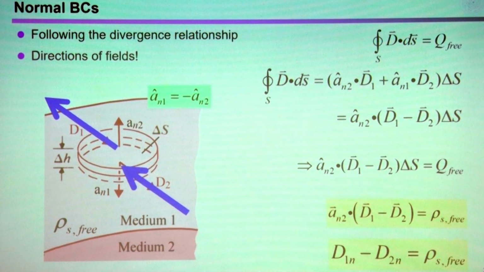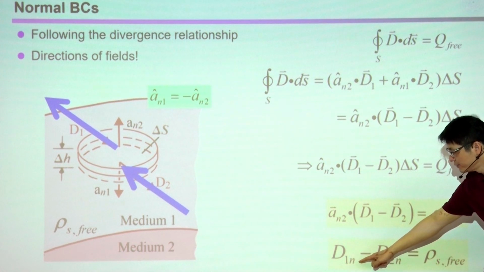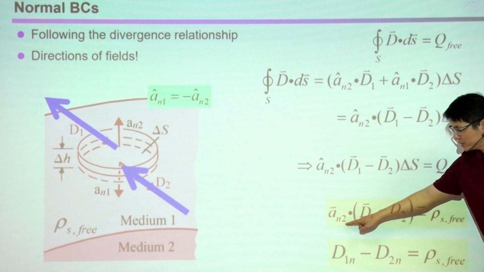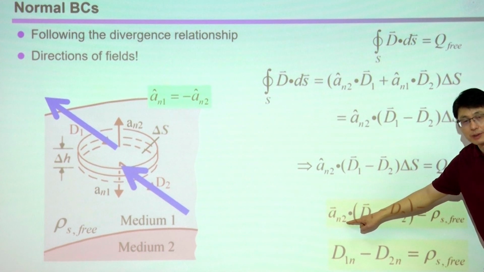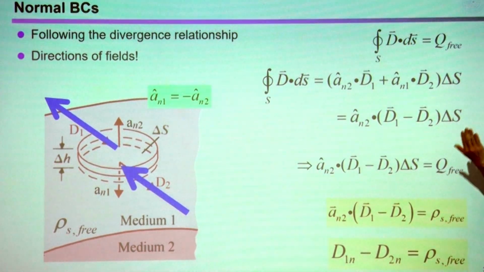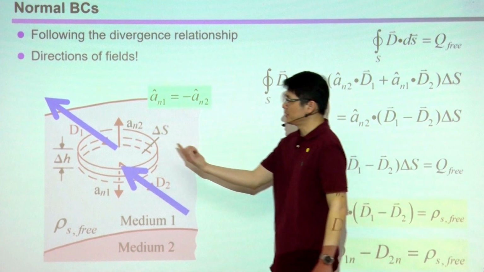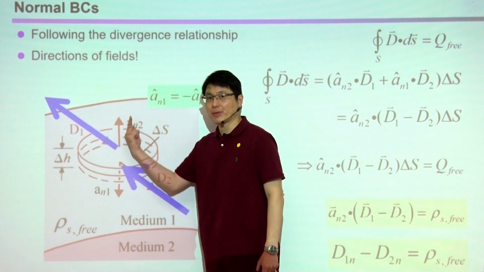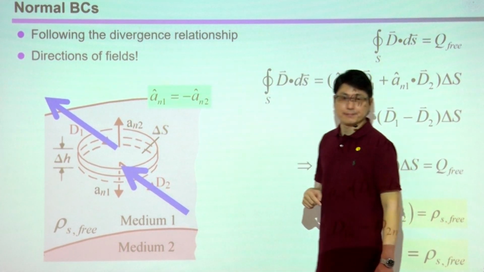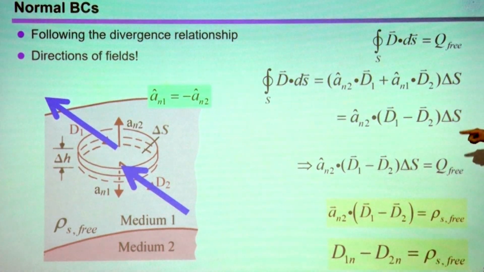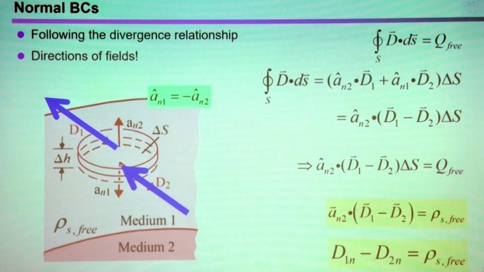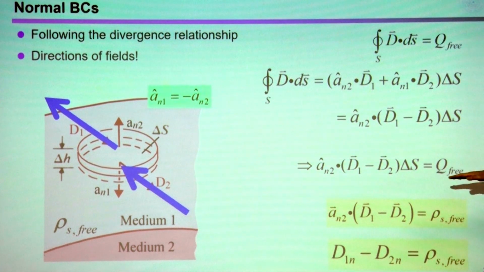Okay? So D1 normal. Why do I have normal? Because everything is dotted to the surface normal. Meaning I'm only evaluating the component parallel to the surface normal. Okay? The tangential part is taken care of already because E1t equals E2t. Here, the Gauss's law is only trying to give you the rule for the normal components.